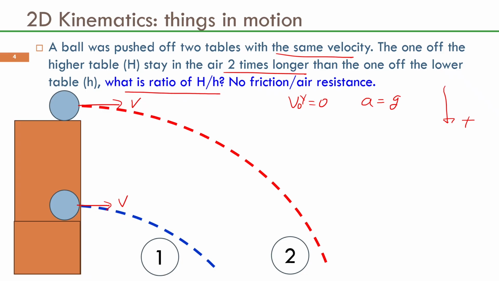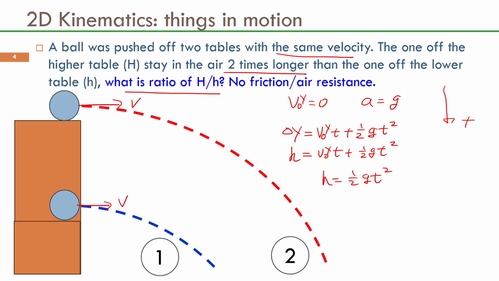So then delta y, which is their vertical displacement, equals v0y t plus half g t squared. This is one of the kinematic equations we just used. And we know their displacement is basically their height. So h equals v0y t plus half g t squared. And we know that for both balls, their initial vertical velocity is 0. So in other words, h equals half g t squared.